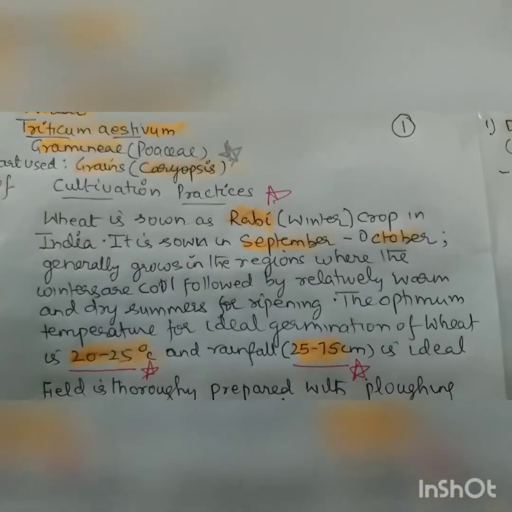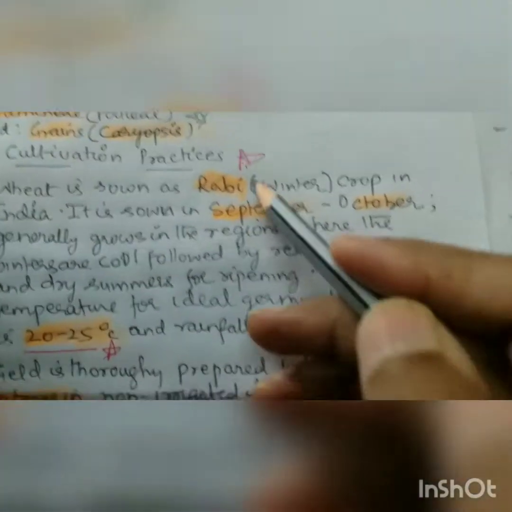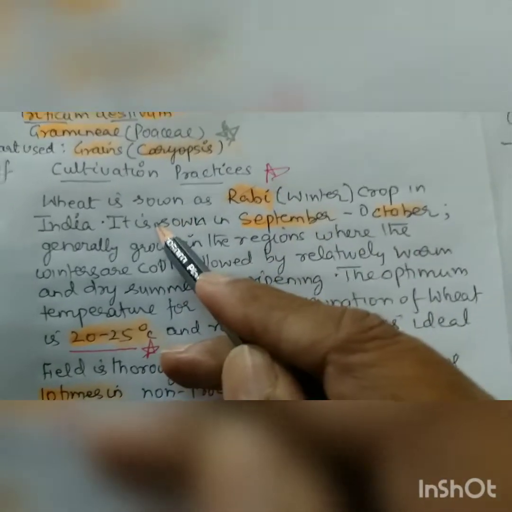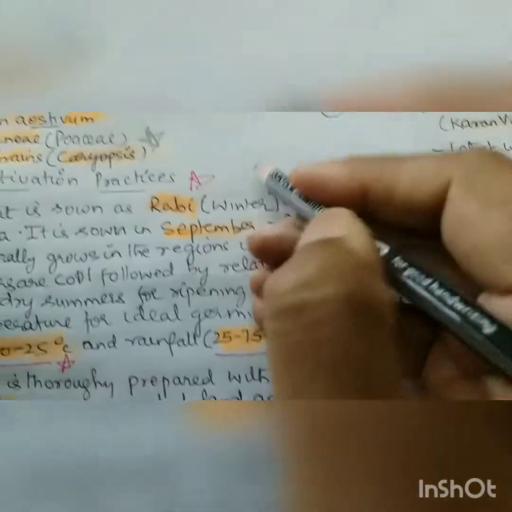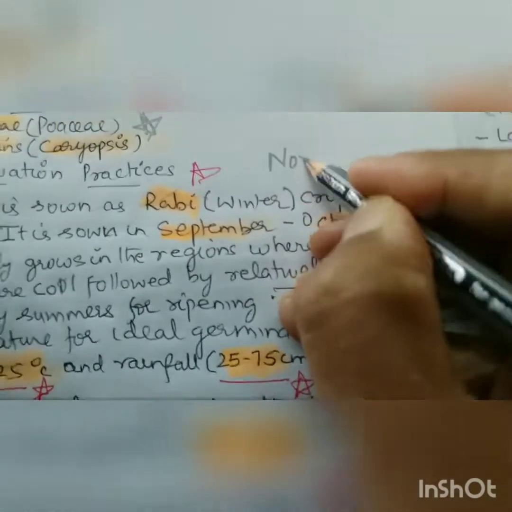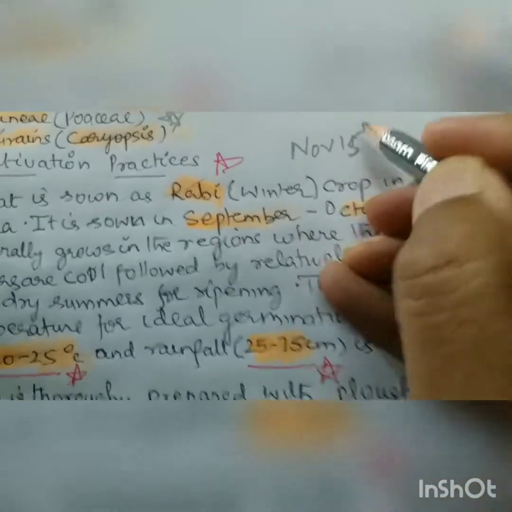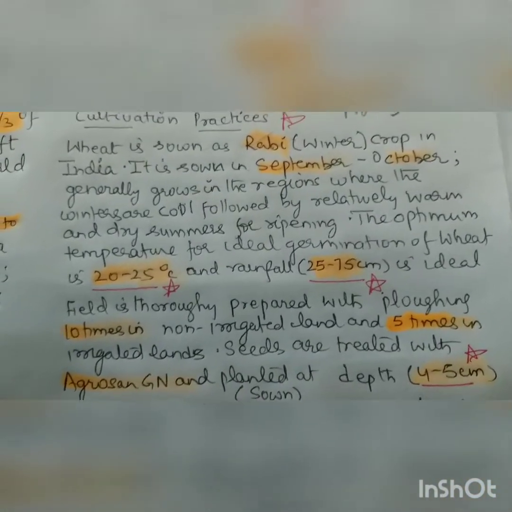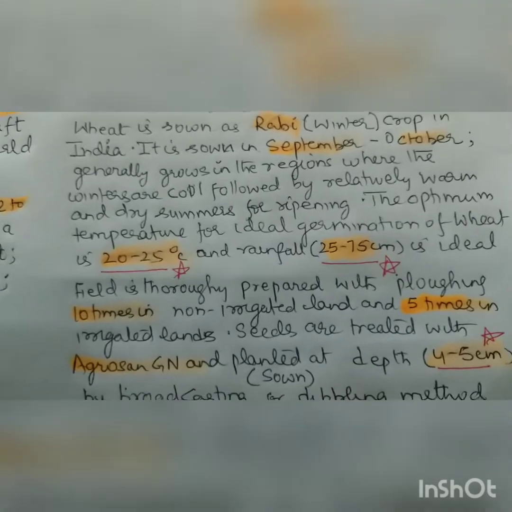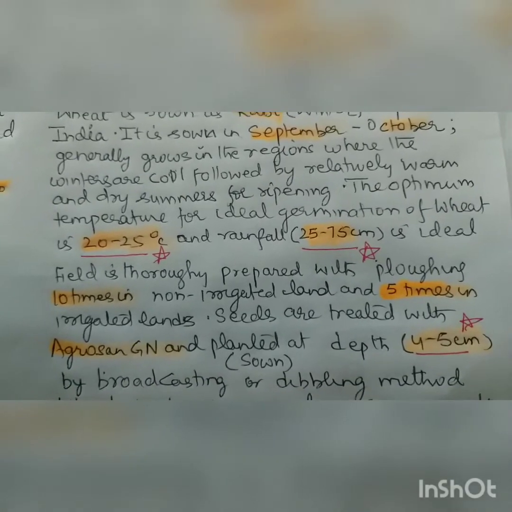Now I am moving to the cultivation practices. Wheat is a rabi crop which is grown in India, sown in September and October. But on average, it is sown in the fortnight of November, that is 15th November, where the winters are cool followed by relatively warm and dry summers for ripening.